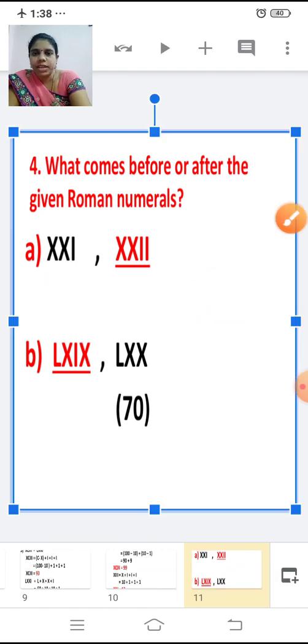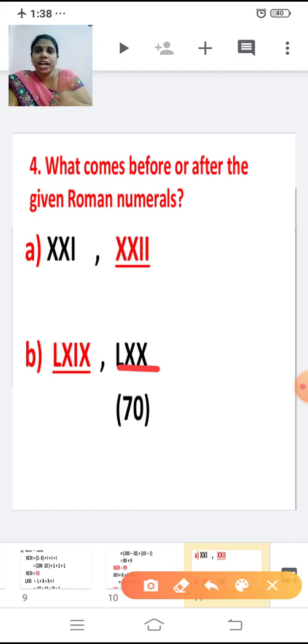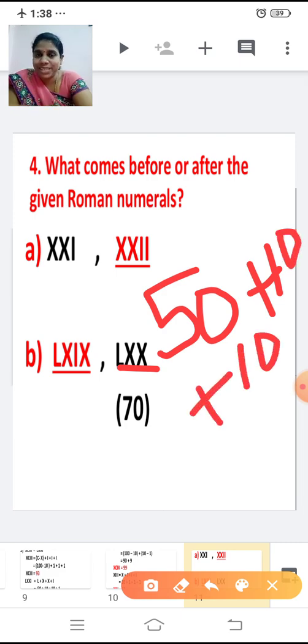Next one. LXX. What comes before LXX? First, we'll find out the value for LXX. Value for L is 50 and X is 10. Again 10. 50 plus 10, 60. 60 plus 10, 70.